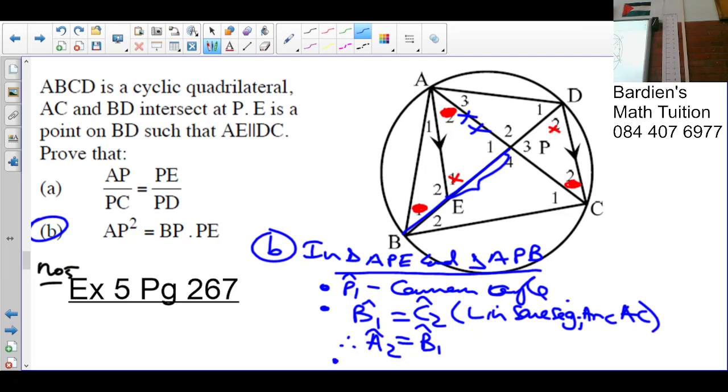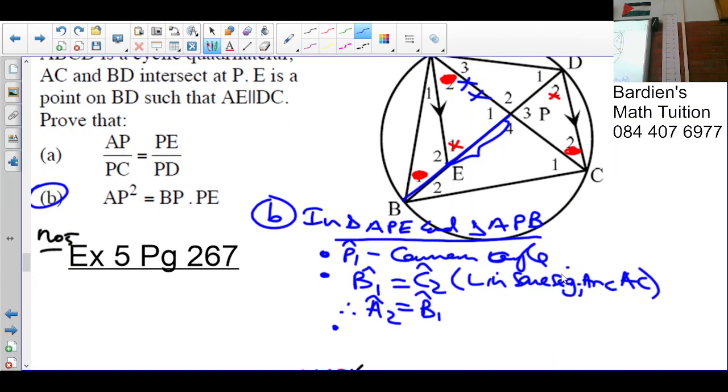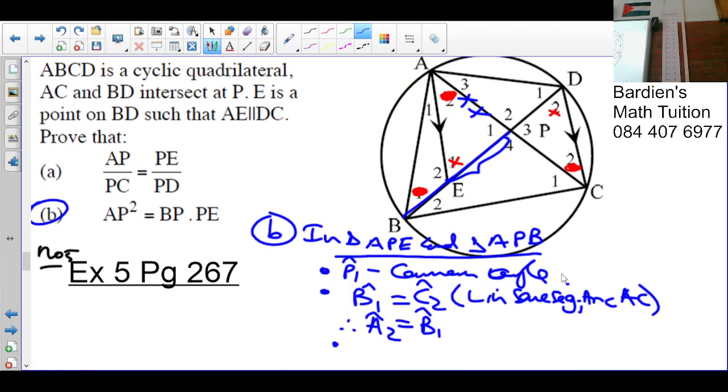Okay? What is the third angle there that we need to state? We got A2, we got P1, E1 is the other one. Therefore, angle E1 is equal to angle BAP. Not so?